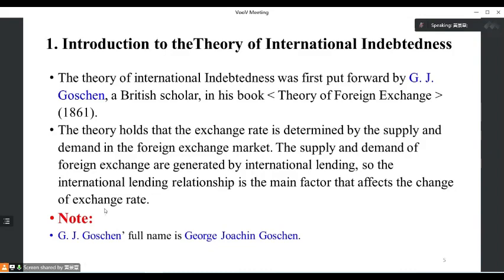Let's see, in order to understand this part of PPT, let's see the note. G.J. Gossen. G.J. Gossen's full name is George Gossen.